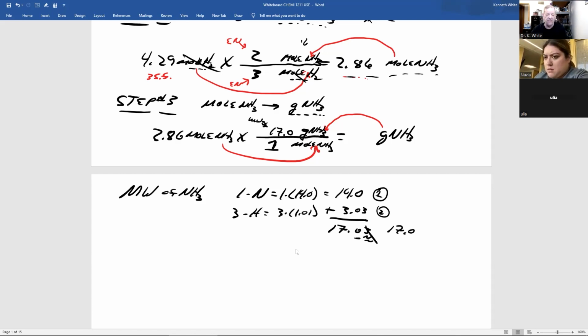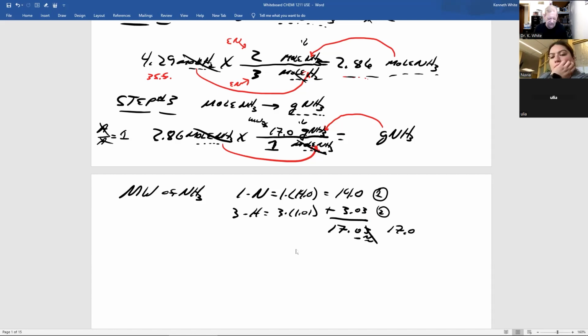Now, before I pick up my calculator, notice here I have moles of ammonia divided by moles of ammonia. Anything divided by itself equals the number 1, cancels out. This cancels out. I'm left with, yay, grams of ammonia.